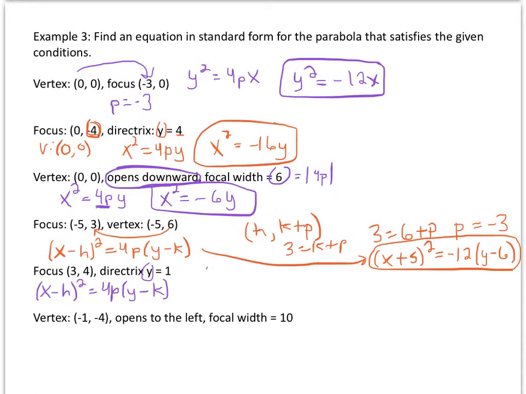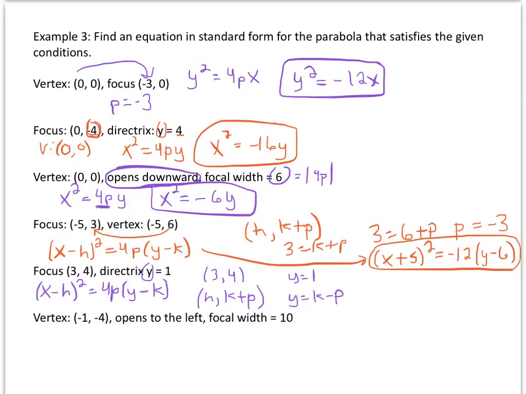I know that my focus, which is 3, 4, since it's y equals 1, is going to be h, k plus p. So we actually do know the h value for our vertex. Our directrix, which is y equals 1, in our chart we have y equals k minus p.